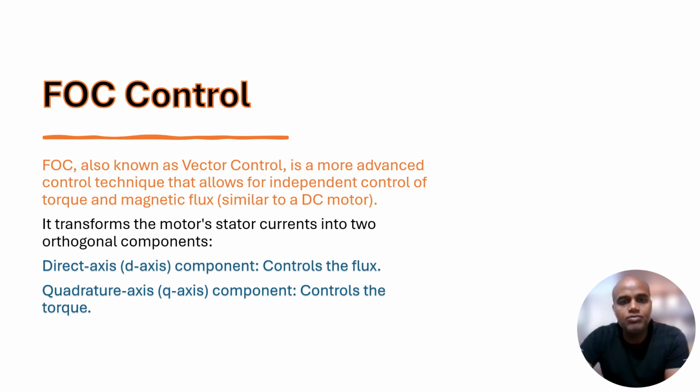Similarly, FOC converts the three-phase ABC stationary frame into two orthogonal components, known as the direct axis and the quadrature axis, which mimics something like my DC values. The direct axis is responsible for controlling the flux, whereas the quadrature axis is responsible for controlling the torque.